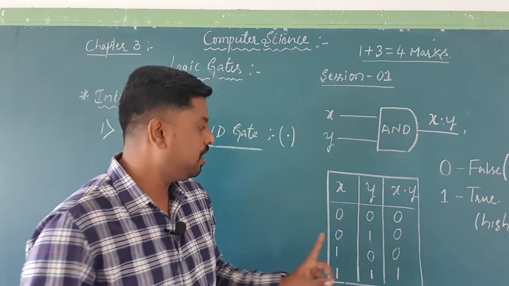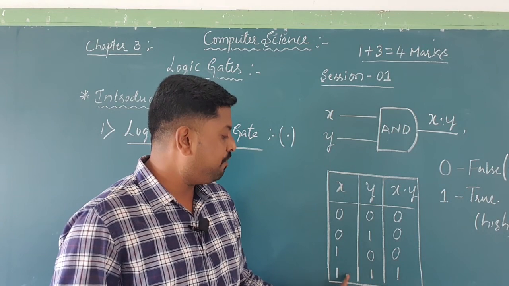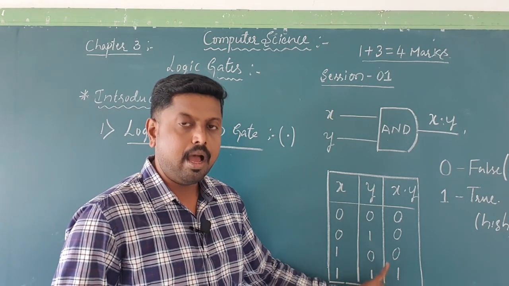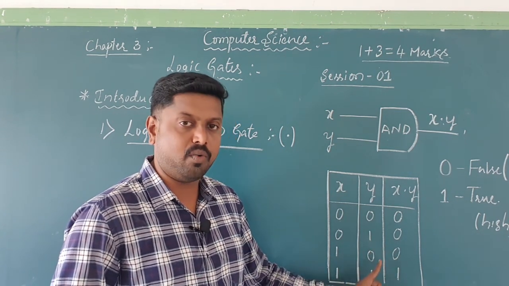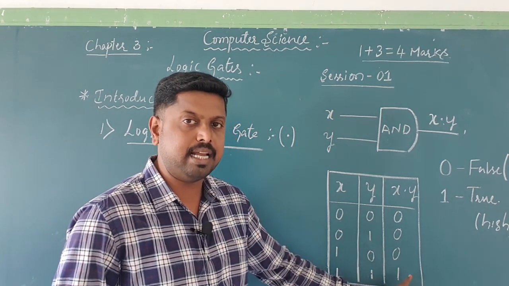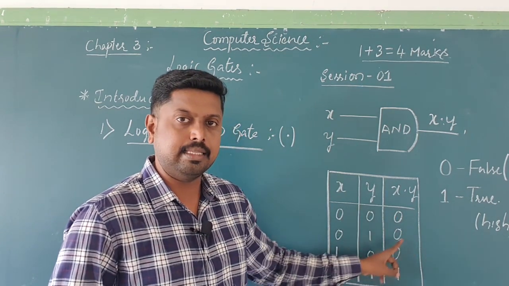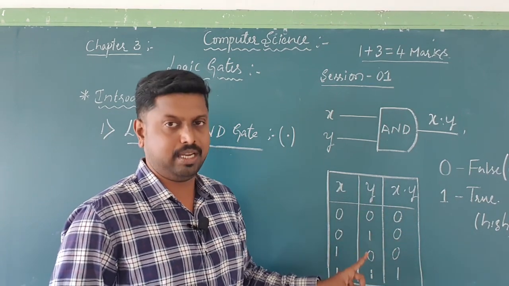Once again I will repeat. In this logical AND gate, whenever both inputs are true or high, or both inputs are 1, then only the result is 1. In other cases, that is 0 only. So this is the definition of this truth table.